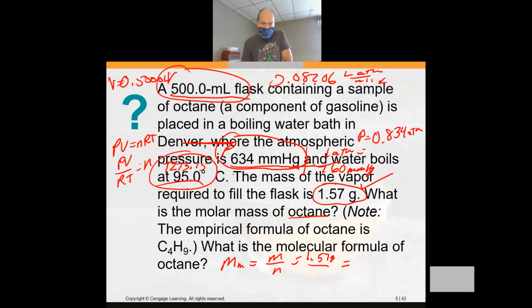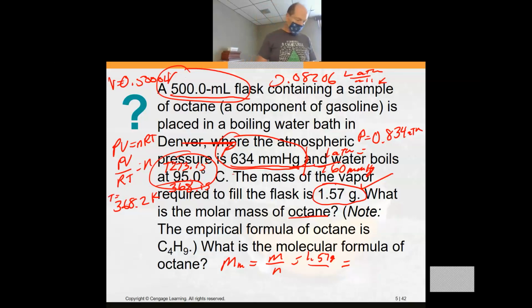When you add these up, you get 368.15, so that is 368.2 Kelvin. So now your temperature is also in the right units.